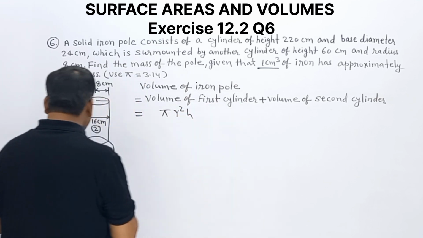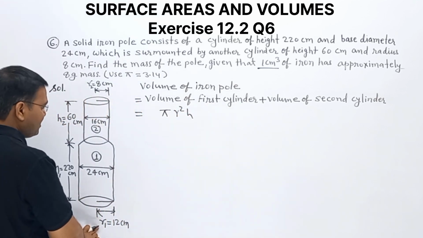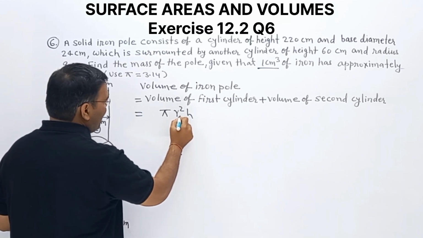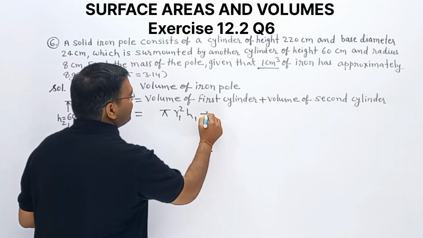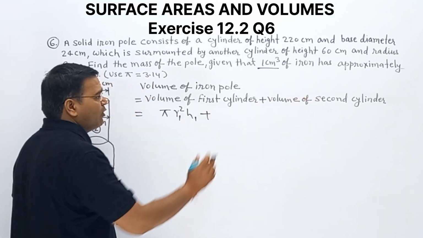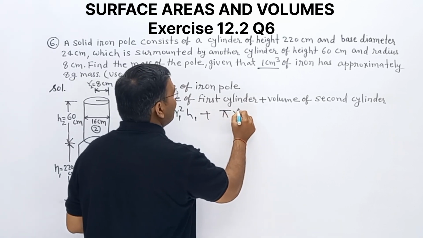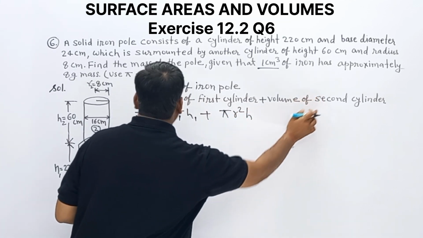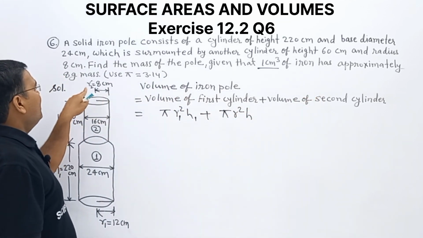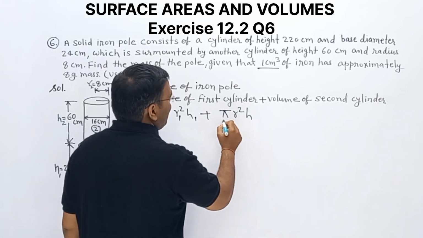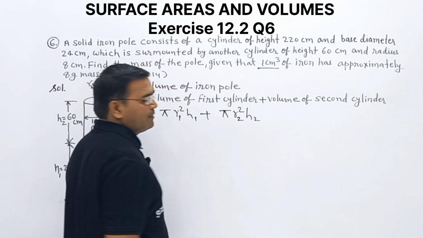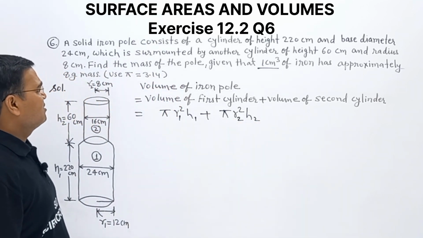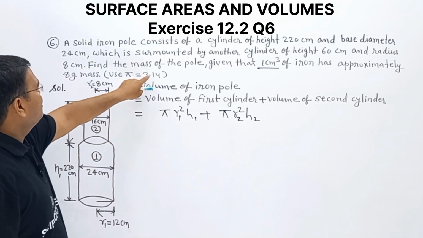For the first cylinder, height h1 and radius r1, so we write pi r1 square h1, plus volume of the second cylinder, pi r square h, but for the second, height is h2 and radius r2, pi r2 square h2.